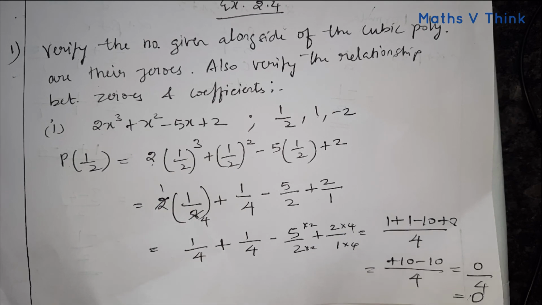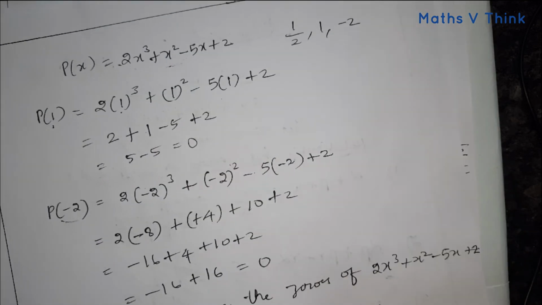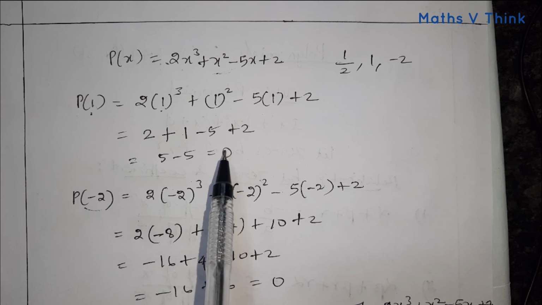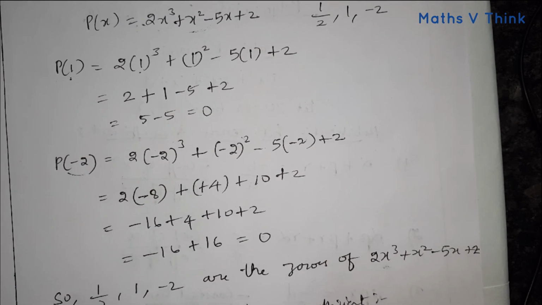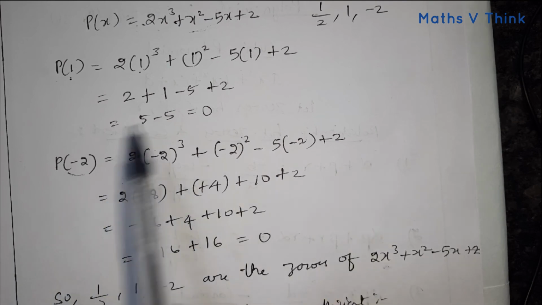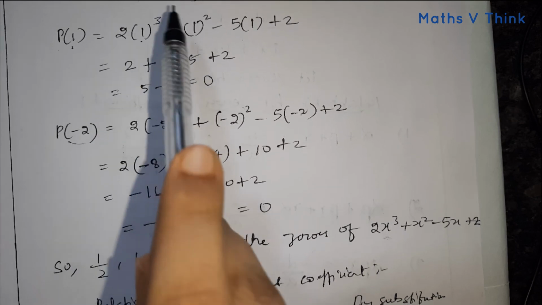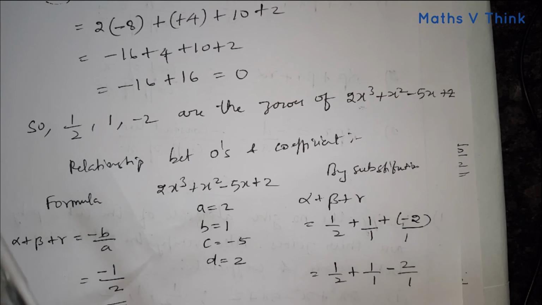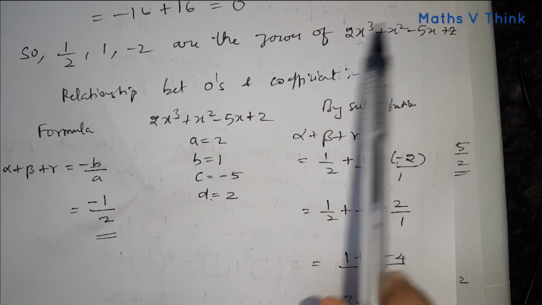If you get 0, this is the 0 of this polynomial. Same way, substituting p of 1, you are getting 0, so we can tell that 1 is the 0 of this polynomial. Same way, substituting minus 2 in the given polynomial, we get 0, so I can tell minus 2 is the 0 of this polynomial. So at last I can tell 1 by 2, 1 and minus 2 are the zeros of the cubic polynomial.